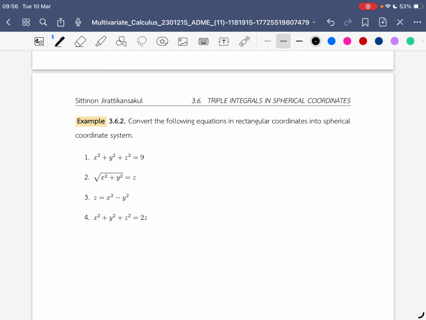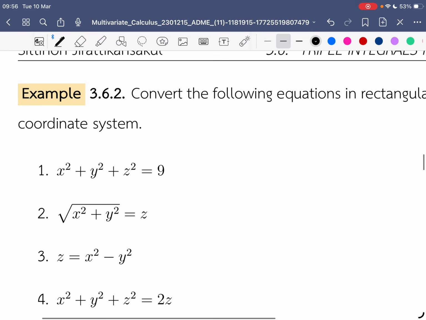So the first one is just rho squared is 9. So rho is 3.